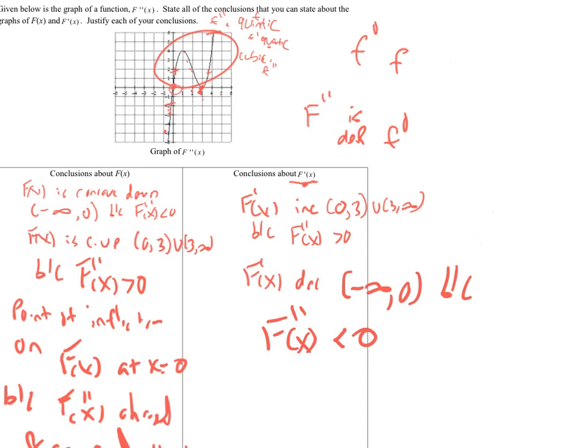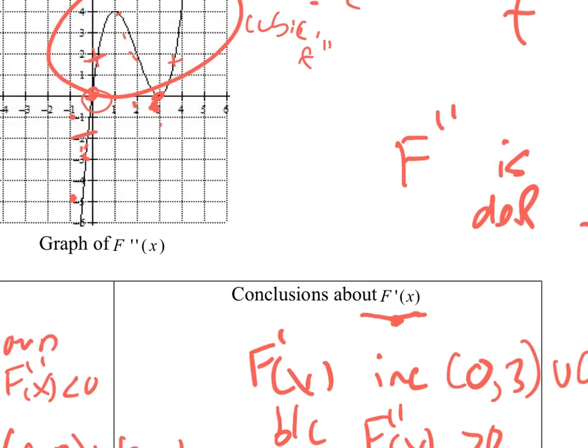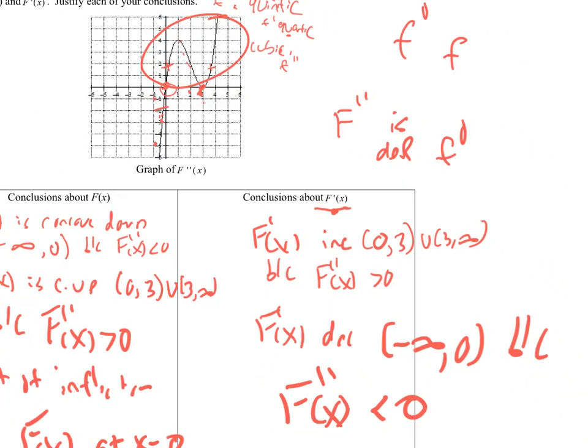Since there is a 0 at 0 and at 3, those are possible extrema.